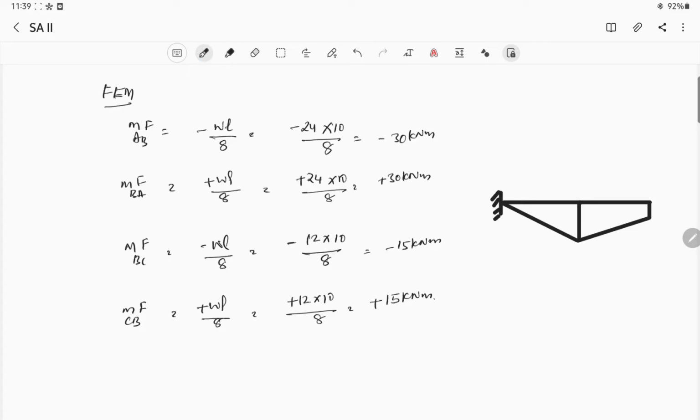This is A, B and C. This is 100 by EI, right? This is 200 by EI. So to overcome this deflection, what happens? My beam will have anti-clockwise moments at this location.